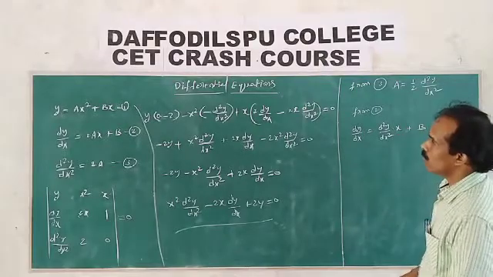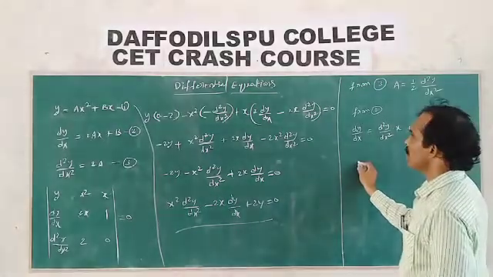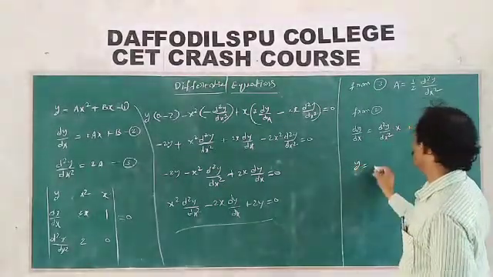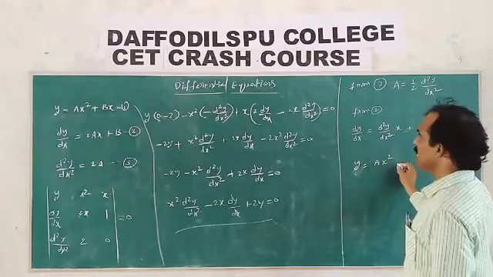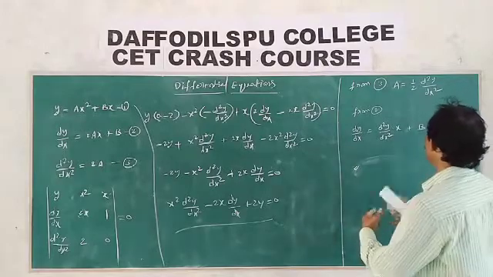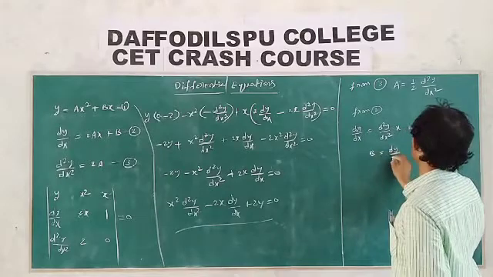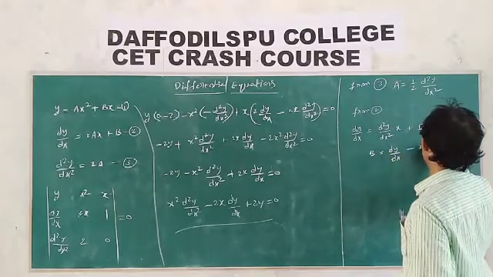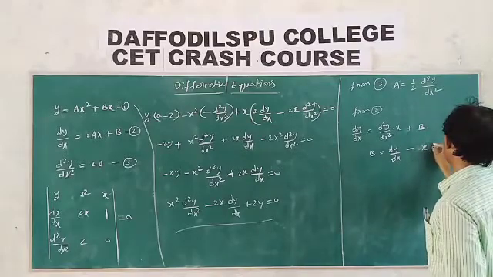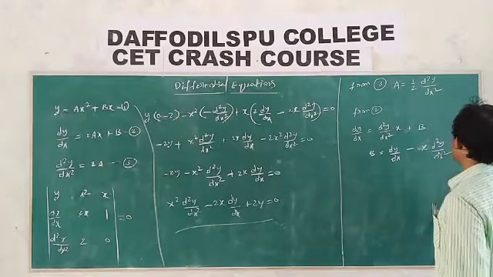So that implies, how to take the b value? Therefore y is equal to ax square plus bx. From this you write b value: dy by dx minus x into d square y by dx square.